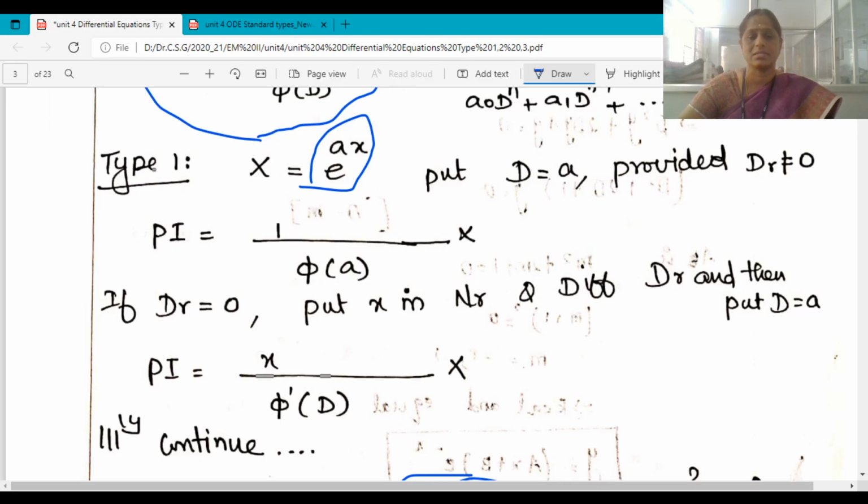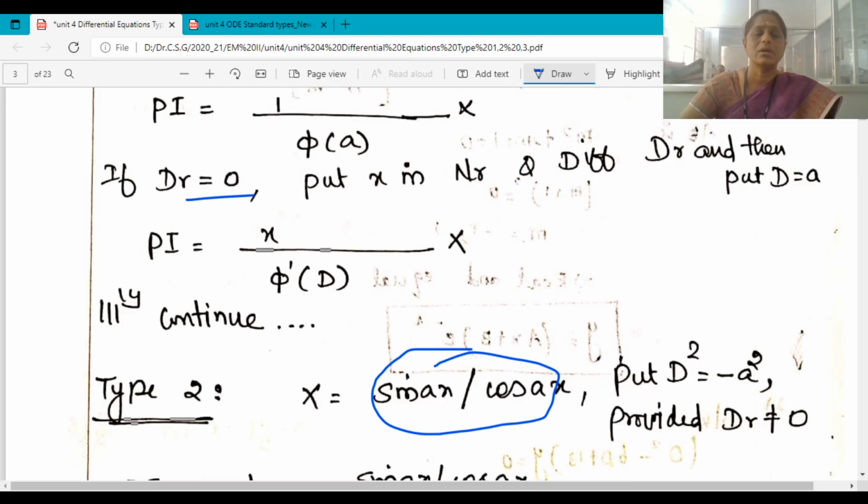The first type is when the right hand side X is e^(ax). In this case, the particular integral is obtained by replacing D equal to a. Note that after replacing D equal to a, the denominator should not be 0. If the denominator is 0, you cannot go by the 1 by 0 format, since 1 by 0 is infinity.